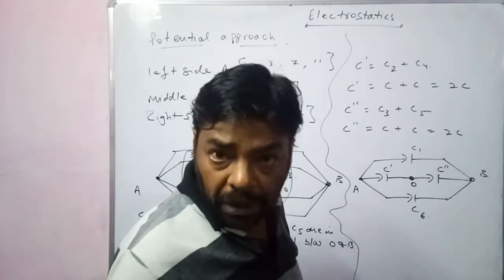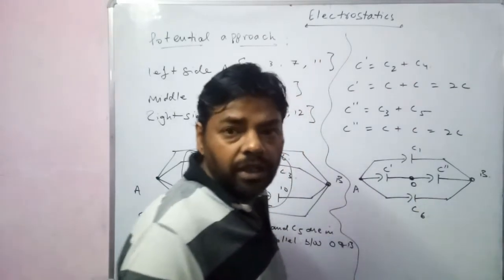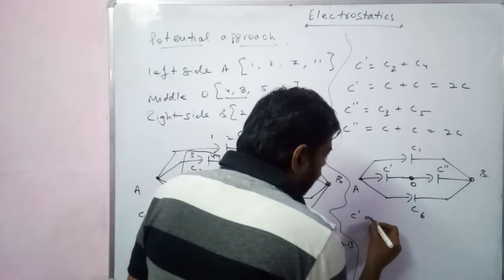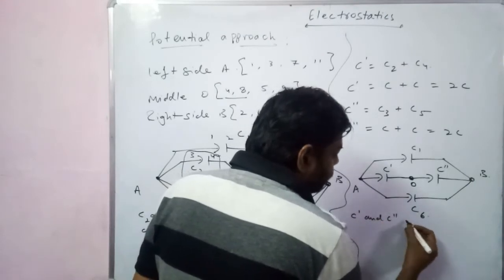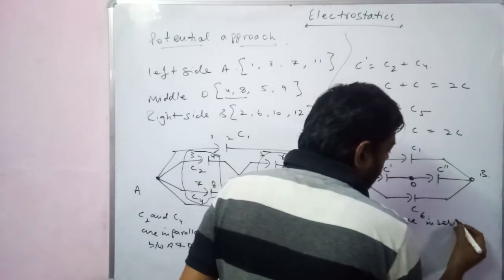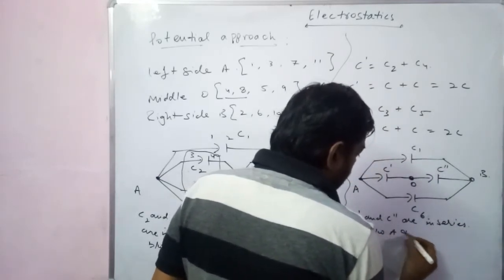So C dash and C double dash are in series between A and B.